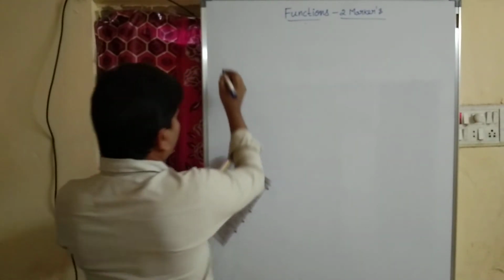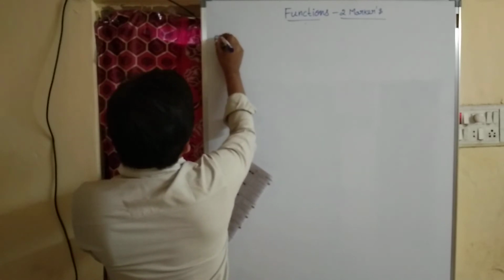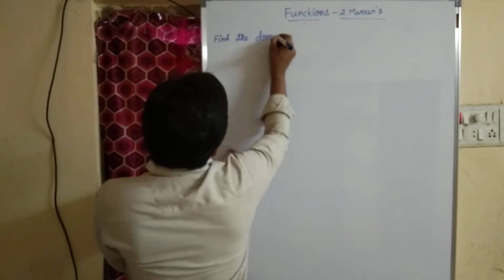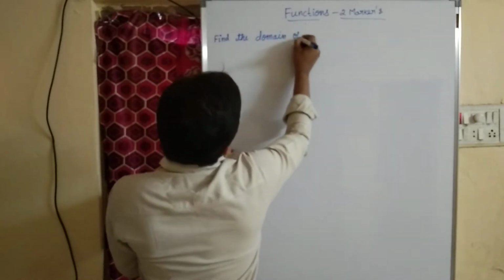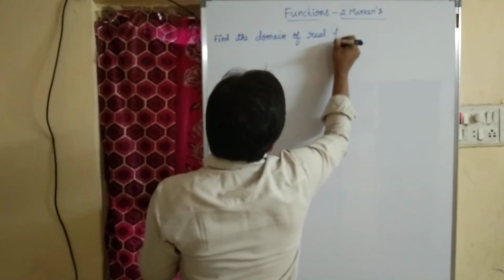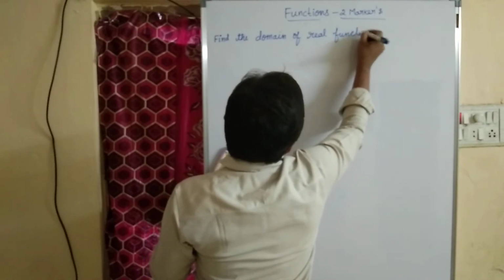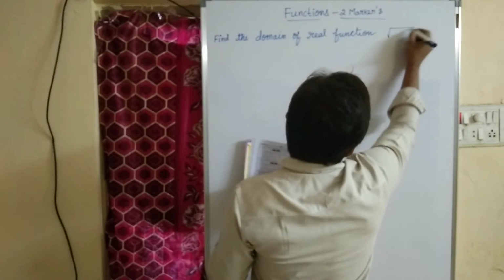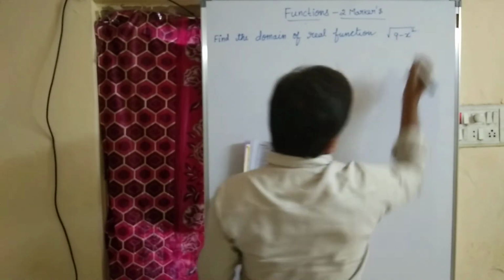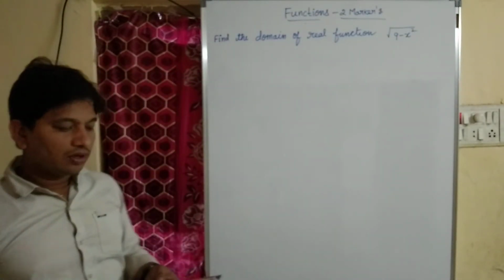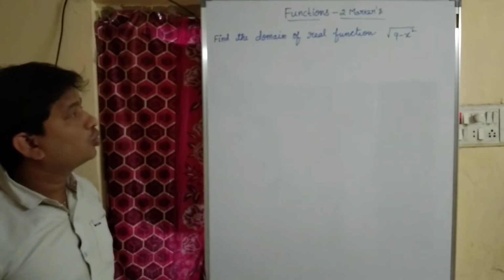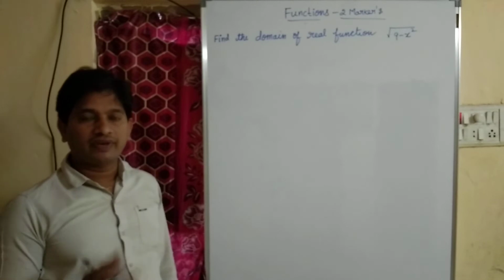Find the domain of the real function root over 9 minus x square. Find the domain of real function, root over 9 minus x square.